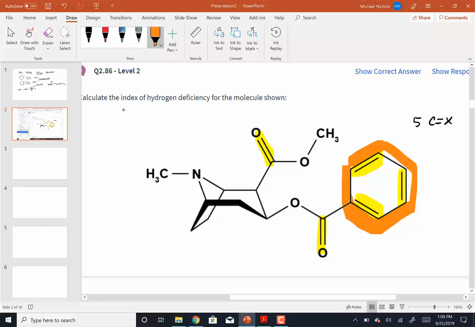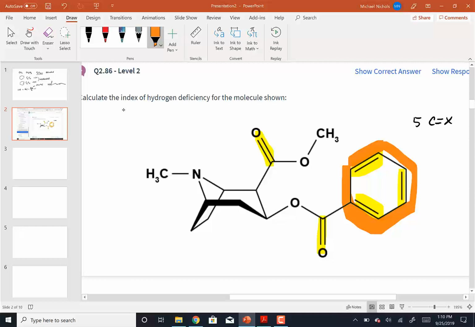If you got degrees of unsaturation of 4 or higher, it could have a ring. If it's 3 or lower, it can't. So that's a real quick screen as to whether or not there's a benzene ring in your molecule. Just because it's 4 doesn't mean there's a benzene ring, but next semester when we talk about spectroscopy, there'll be certain peaks that show up that are definitely for a benzene ring.